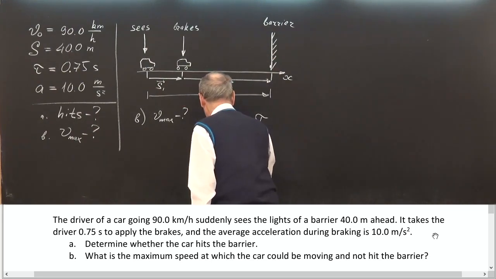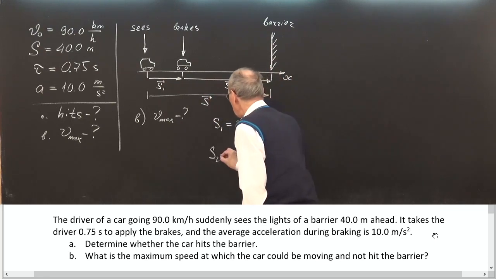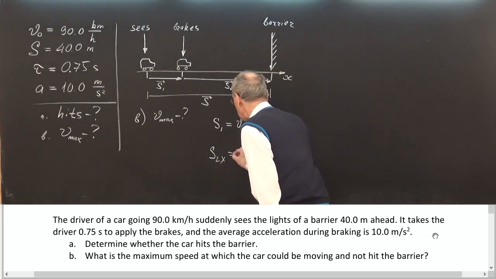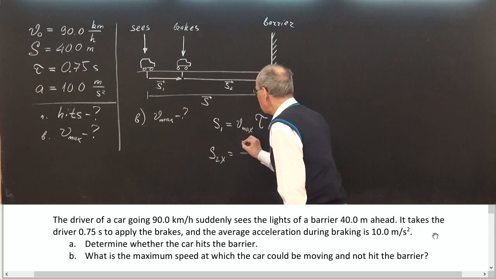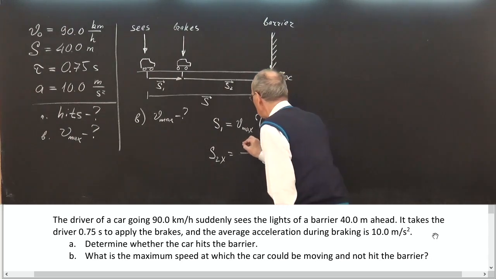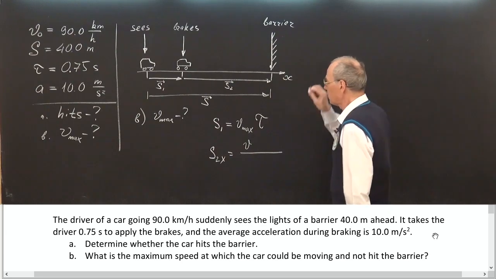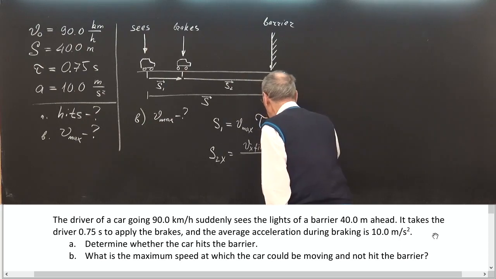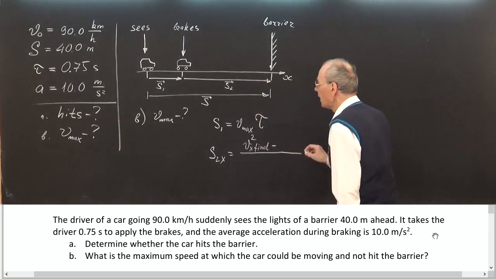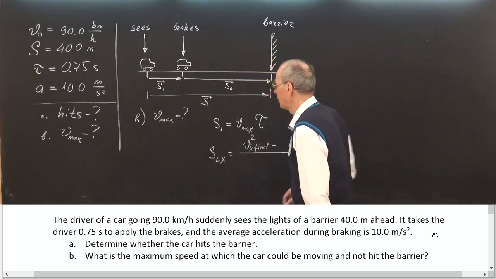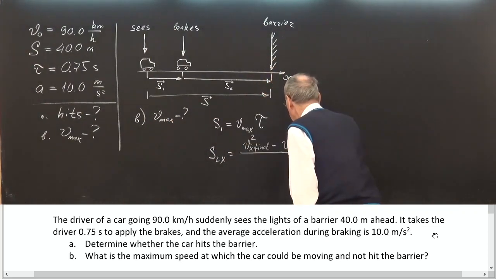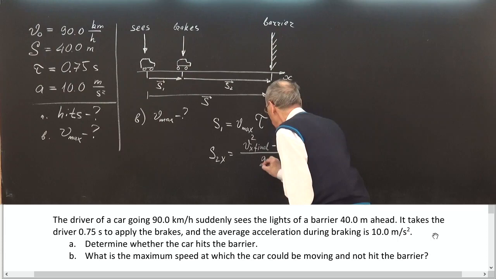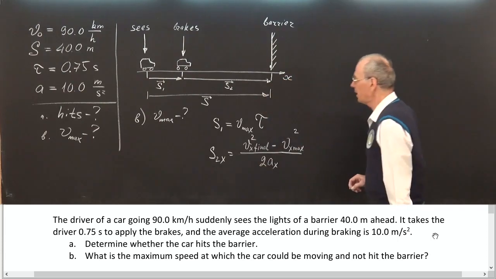For S2, the x component of the S2 vector equals the final velocity x component squared minus the initial velocity Vx maximum squared, divided by 2 ax.